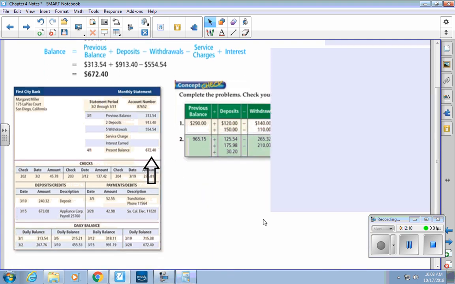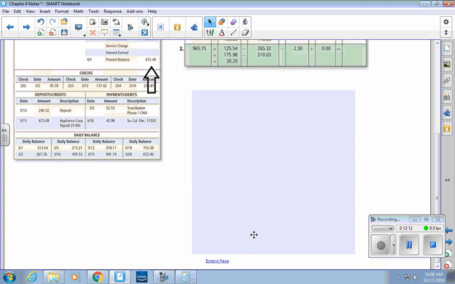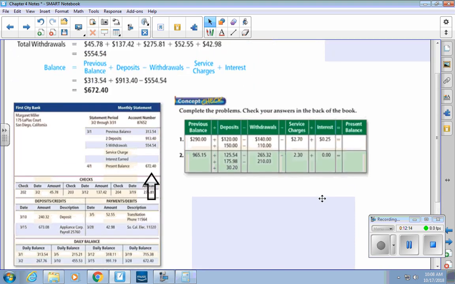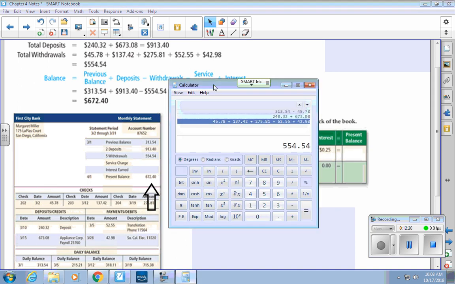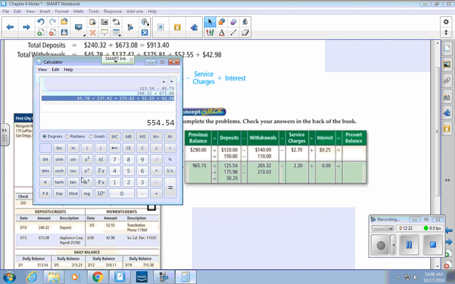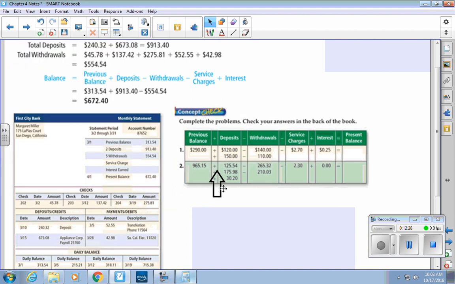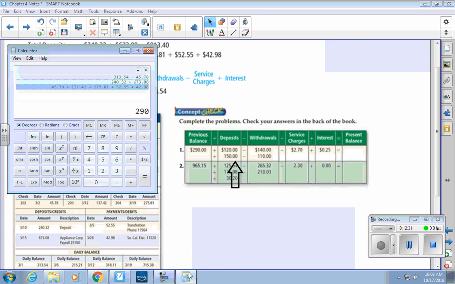Okay. So we're going to take a look at a couple of example problems and complete them. So we're going to take our previous balance, 290, plus our deposits of 120 and 150.